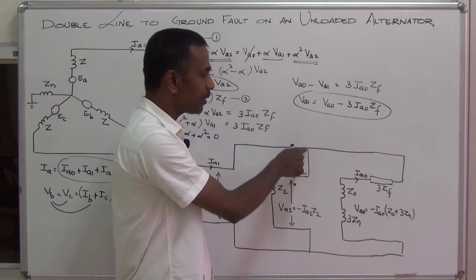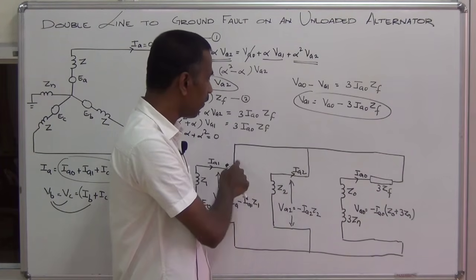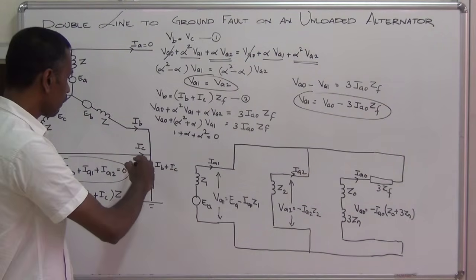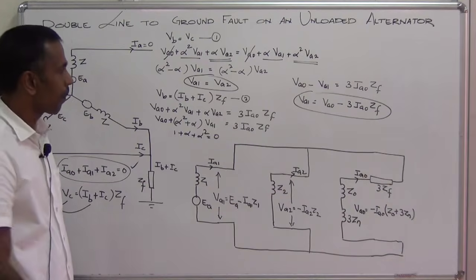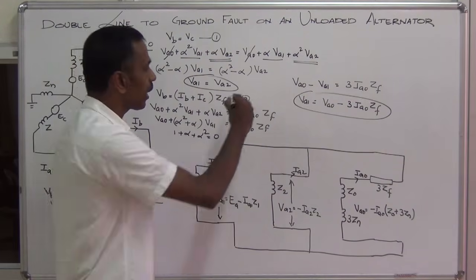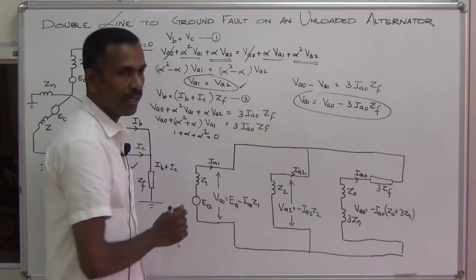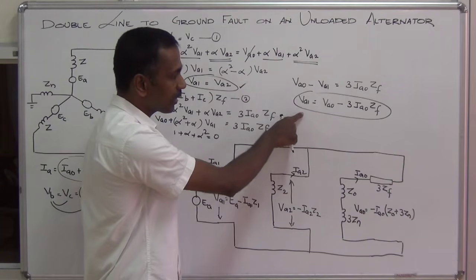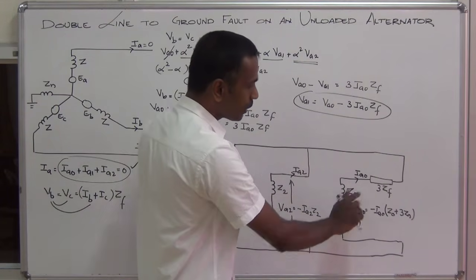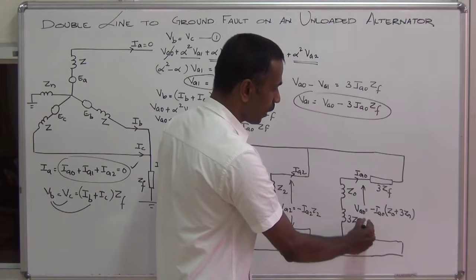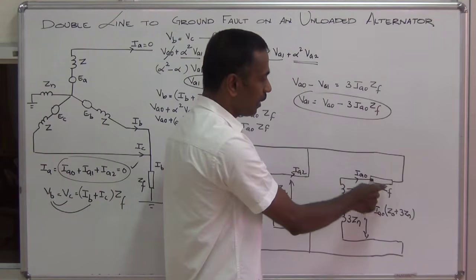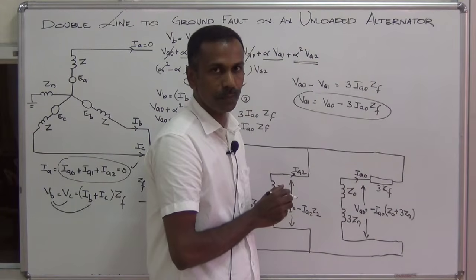So the currents coming to this junction are IA1 plus IA2 plus IA0, which is equal to 0. So this condition is satisfied. Now the positive sequence voltage and the negative sequence voltage are equal, so they are in parallel. And the last condition is that the positive sequence voltage equals the zero sequence voltage minus a drop. The drop is 3 ZF into IA0.